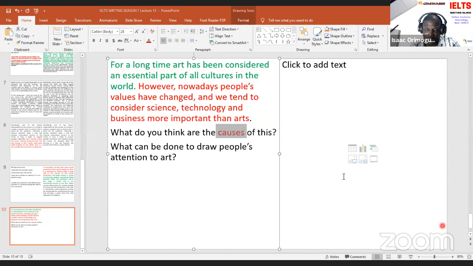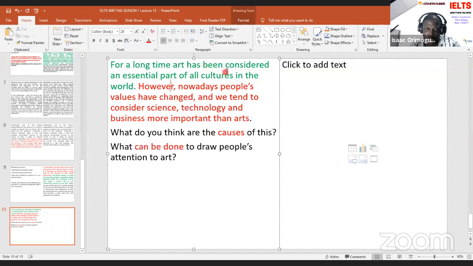If you're a fast writer, you can discuss each issue in different paragraphs, if you can elaborate enough. Okay, what can be done? Since it is singular, you can discuss one solution or you can discuss two. Preferably, discuss a solution that addresses the problem that you have raised. Okay, so that's how to go about it.